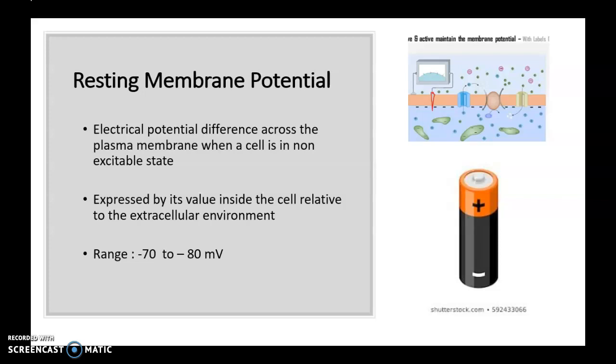However, scientists take an average value, and the average value lies between -70 to -80 millivolts. I want my students to know that this is just an average number of resting membrane potential. So hopefully you understand that resting membrane potential is nothing but the difference in charge across a cell membrane in a non-excitable state when the cell is at rest, right? Okay, good.